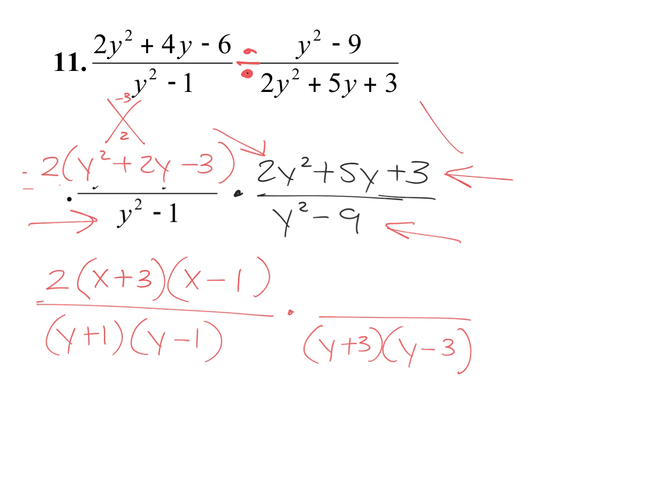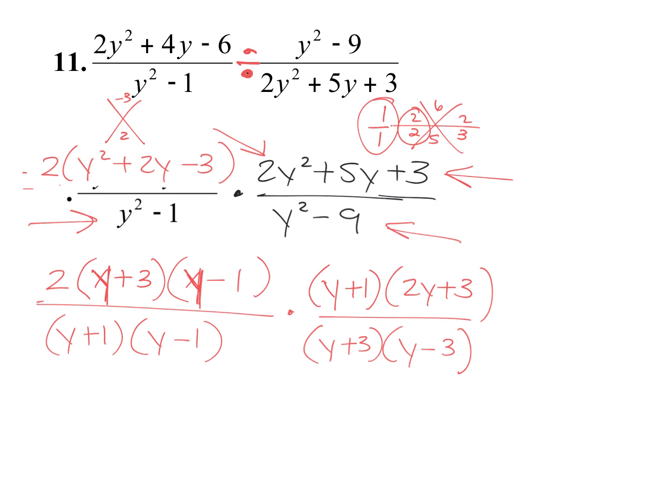Okay. This one, there is no GCF, so you have your a term of 2. What can you multiply to get 6 that you can add to get 5? That's 2 and 3. Don't forget to reduce that to 1 over 1. So that's, oh, I did x's. This is y, sorry. Y plus 1 times 2y plus 3.